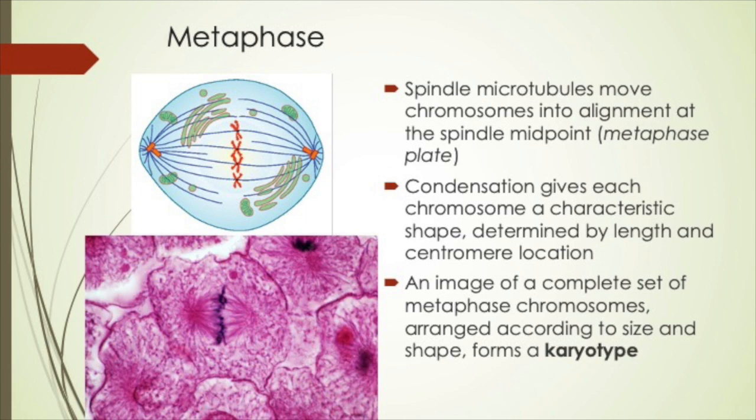And that's just going to push each other apart. The next step we have is metaphase. Spindle microtubules move chromosomes into alignment at the spindle midpoint. What this is called is the metaphase plate. Now, there's a good reason why they want to put it at the midpoint.